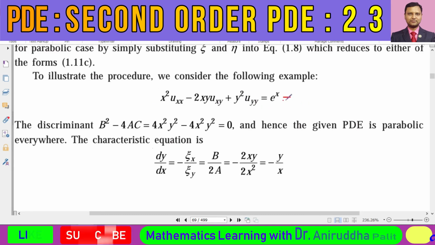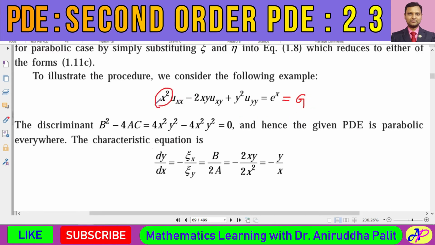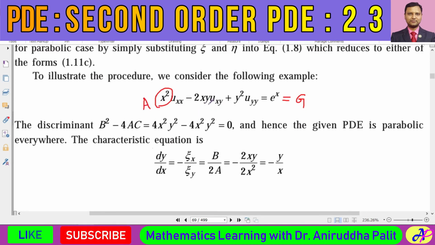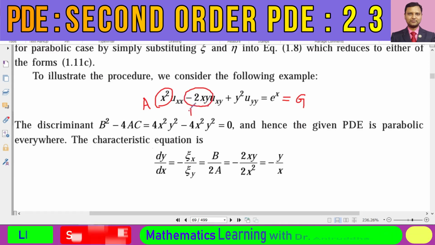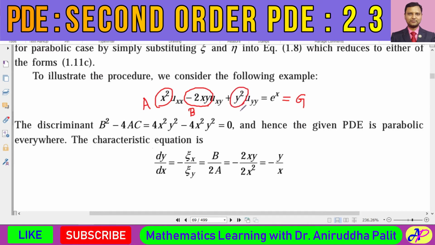Over here the right hand side was equal to g, and this coefficient x square was the coefficient capital A, minus twice xy would be the coefficient capital B, and similarly y square would be the coefficient capital C.